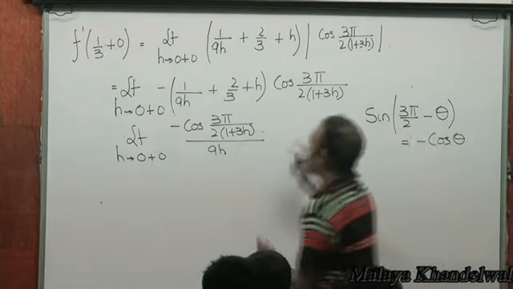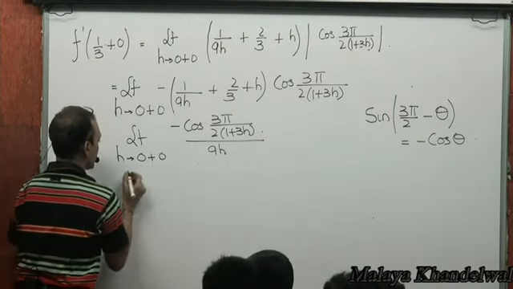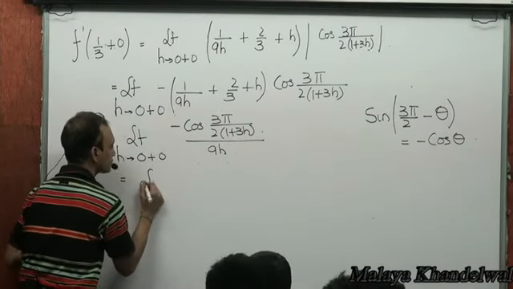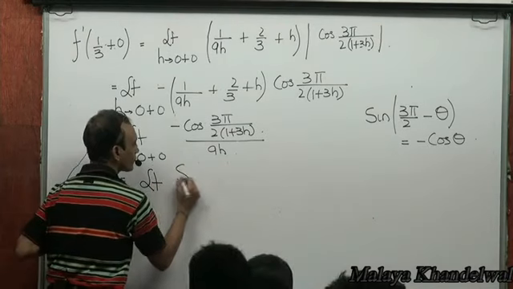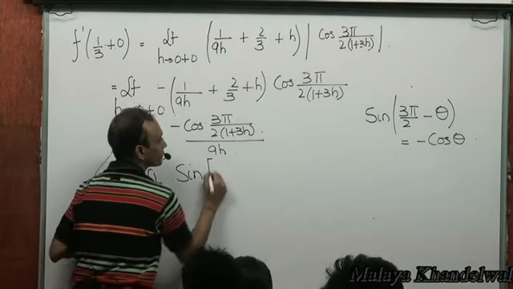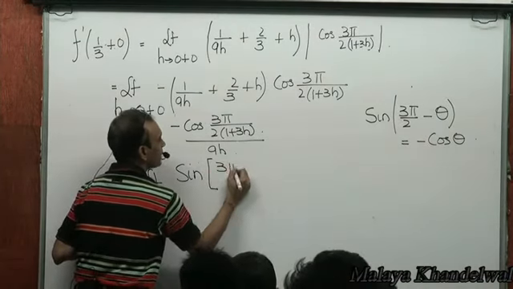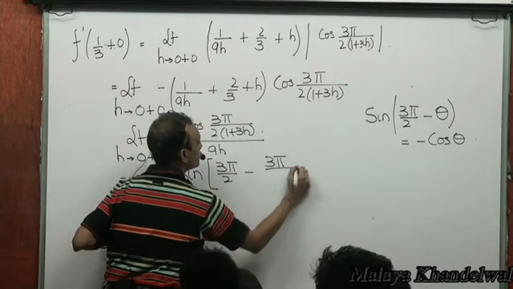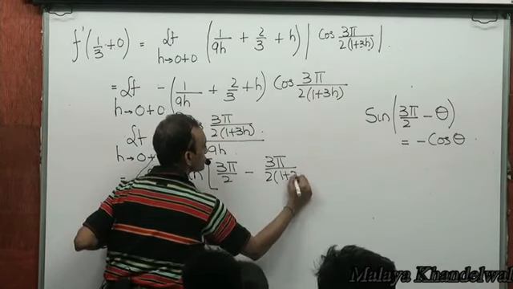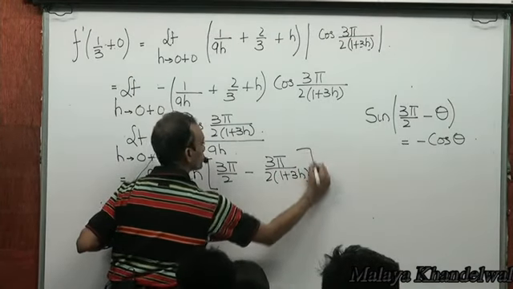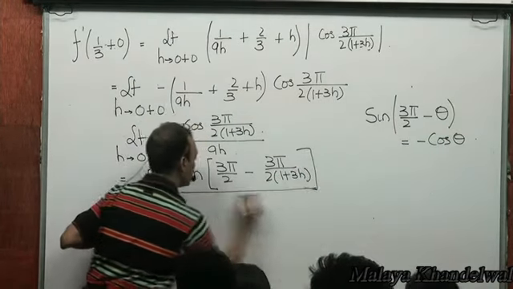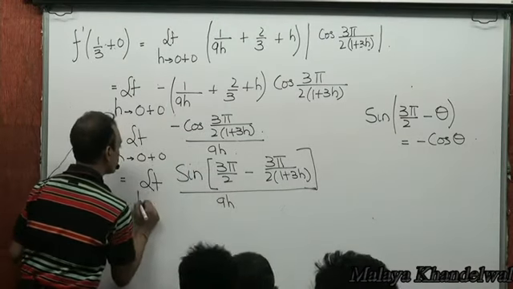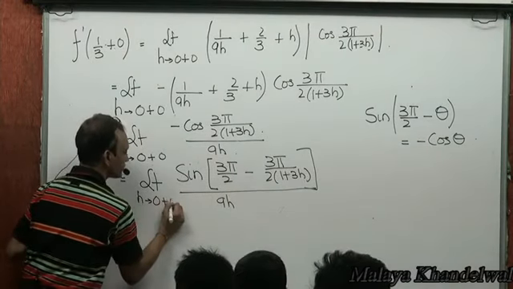Right? So then, minus cos theta I write as sine of 3 pi by 2 minus 3 pi by 2 into 1 plus 3h, divided by 9h, as h tends to 0 from the greater than 0 side.